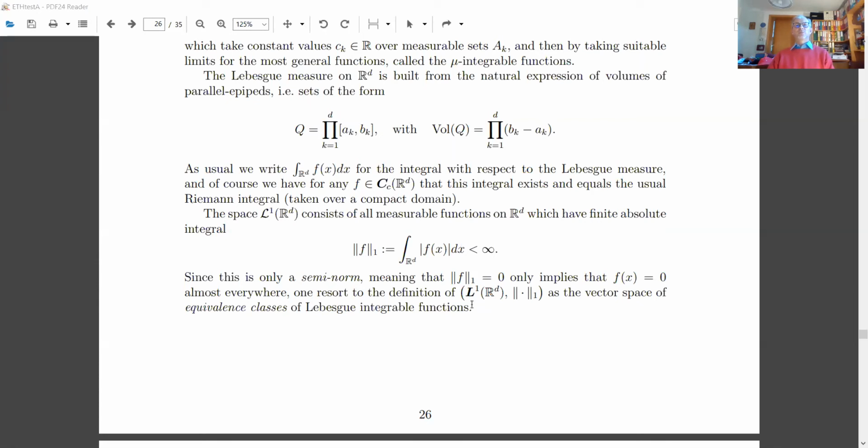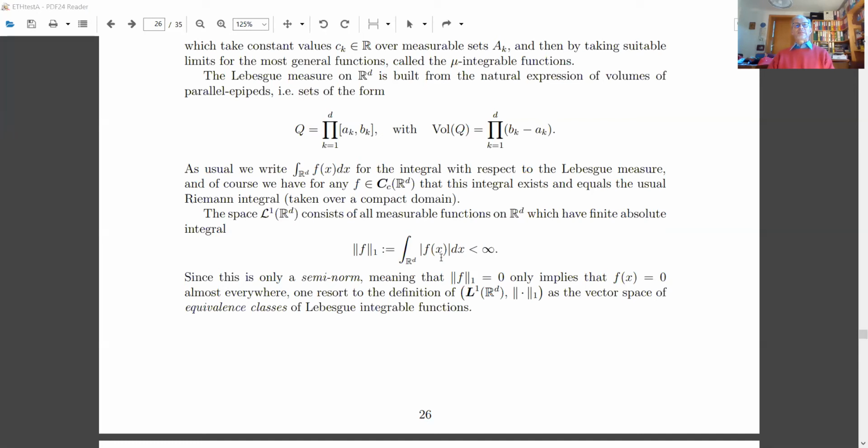So the Lebesgue space L1 of R is, in mathematical courses, well described as a vector space of equivalence classes of measurable functions with a finite L1 norm, and you define all the things that you want to define, like convolution.